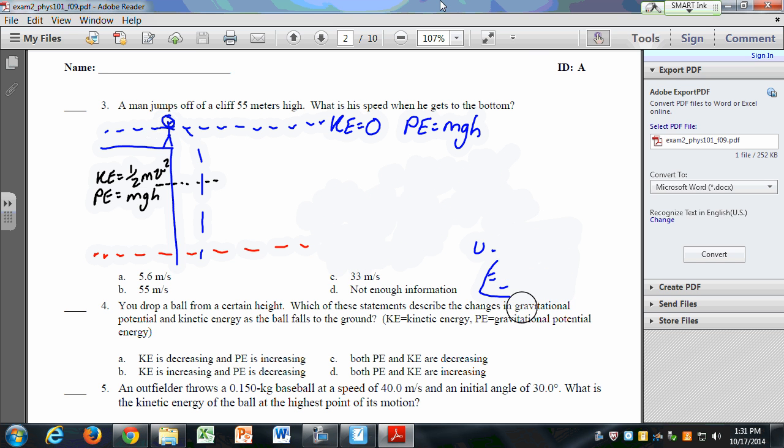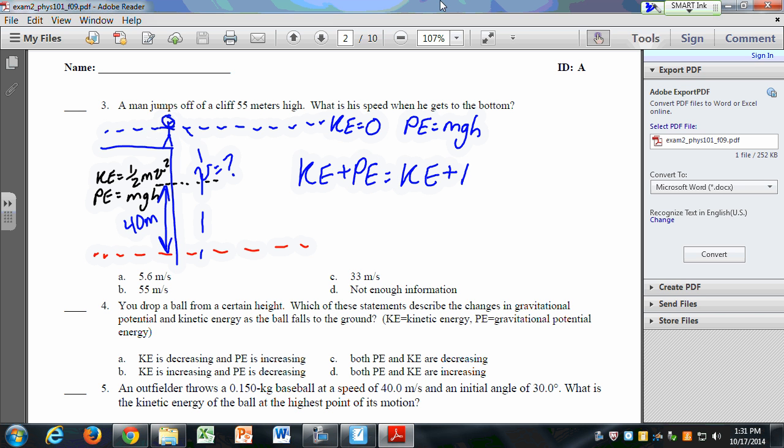So if we're talking about a problem where I want to know the velocity here, let's say that our height is, I don't know, 40 meters. Then I just say the energy initial, which is KE plus PE, is equal to the energy final, KE plus PE. This is final. This is the initial energy.